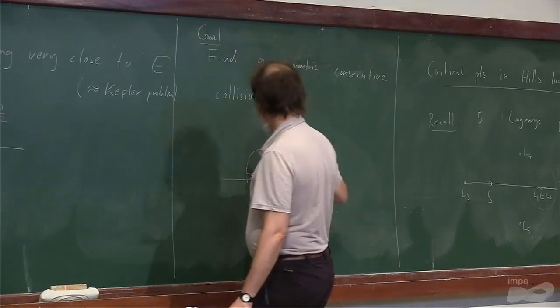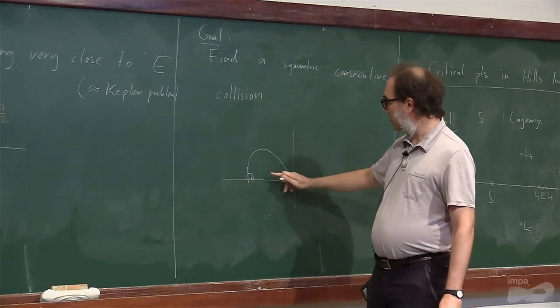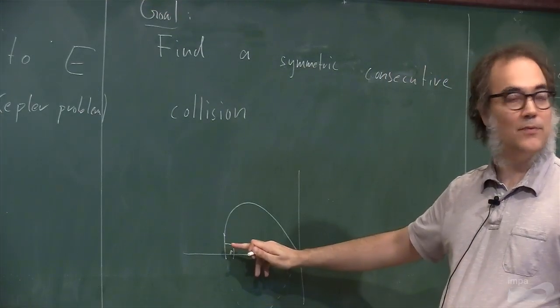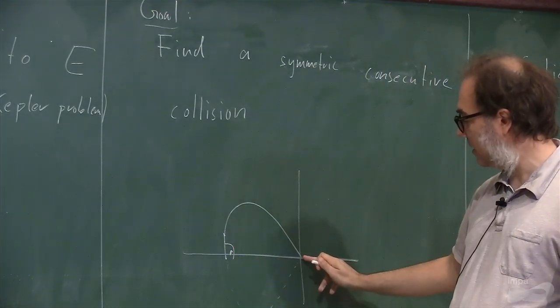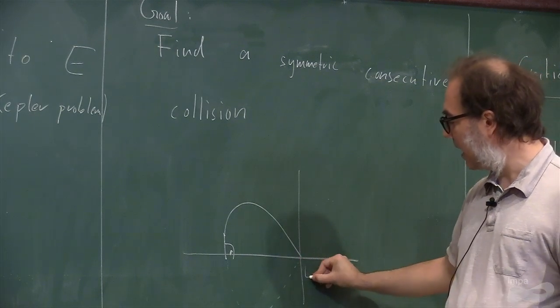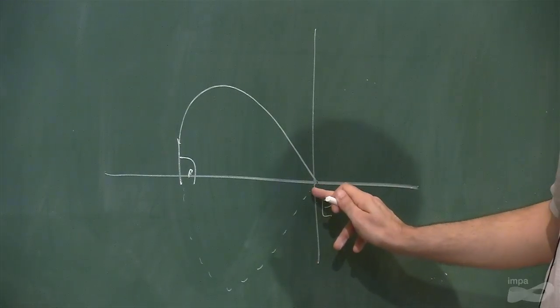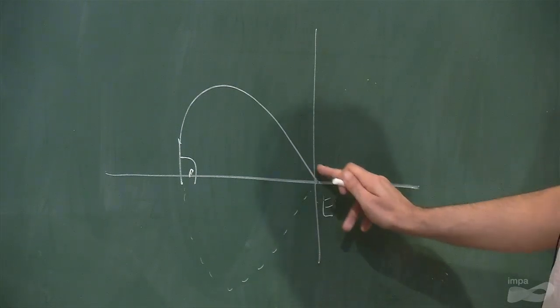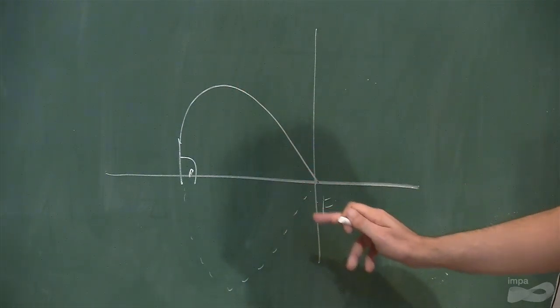And then if you have this consecutive collision, here again we are very close to the Earth, so we have basically a Kepler problem. So here we can see what happens.